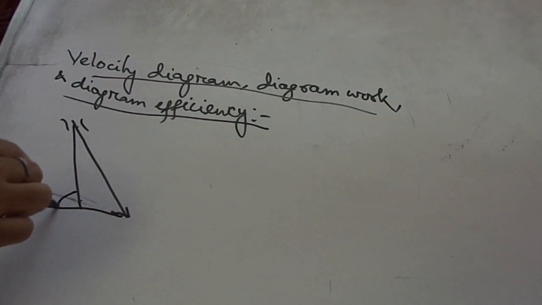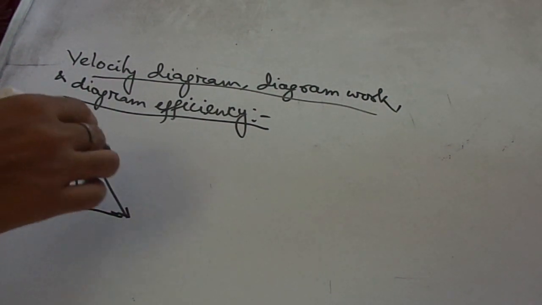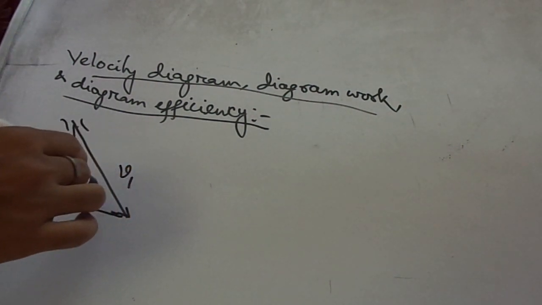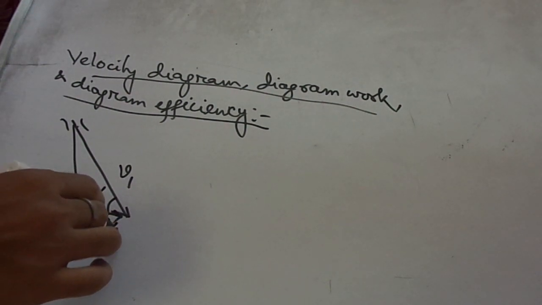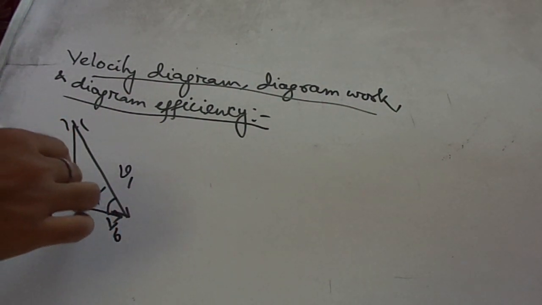This is the beta 1, V1, alpha, VB, and this is the V1.